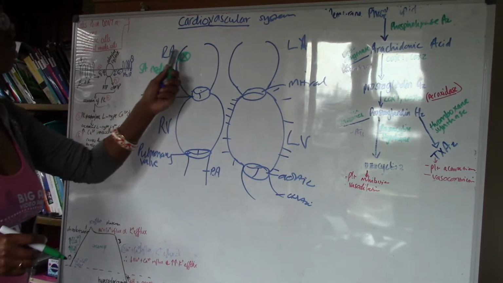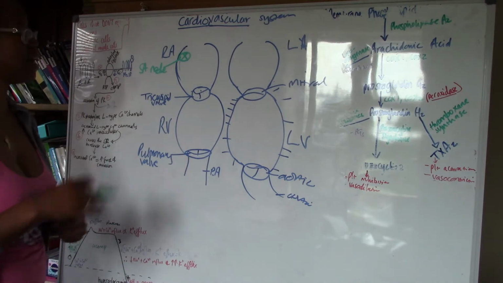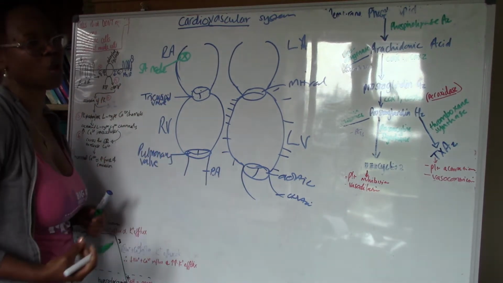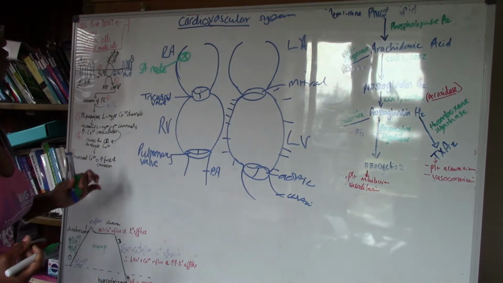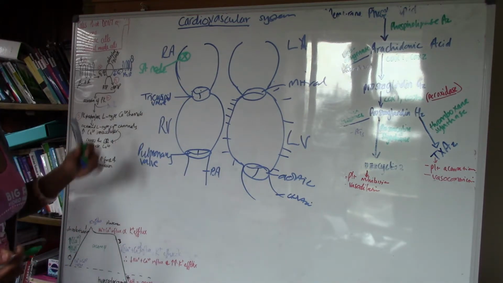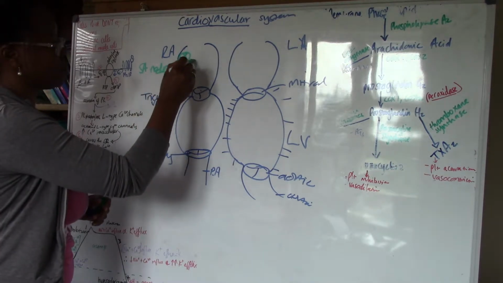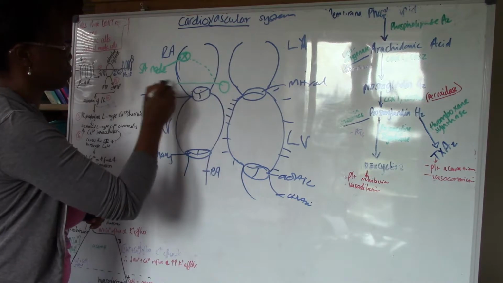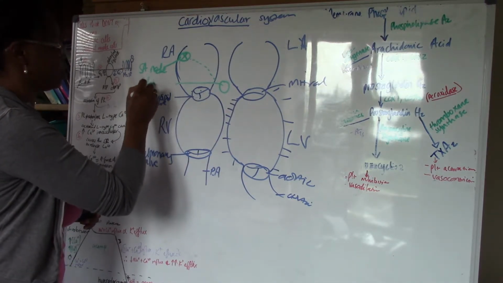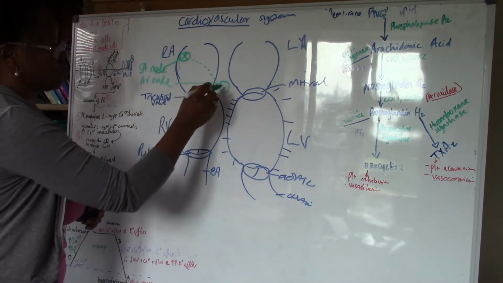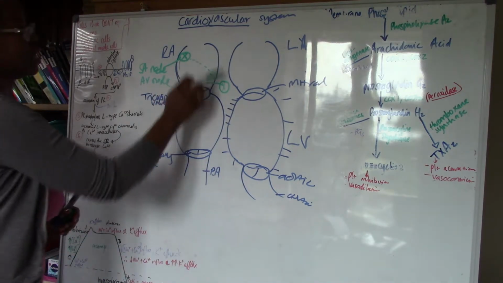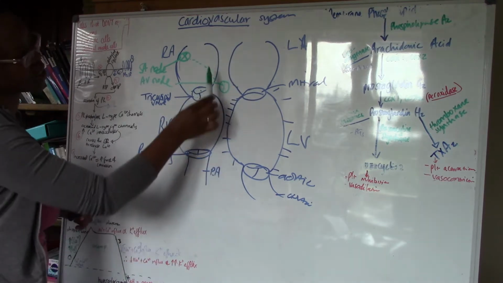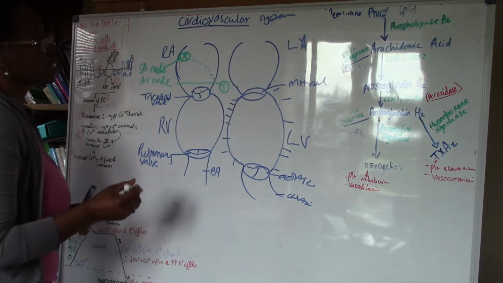So the right atrium really is important for generating that impulse, and the impulse is important for the contraction of the whole heart. So it is generated at the right atrium, and it travels down into the AV node, which is located in the septum.